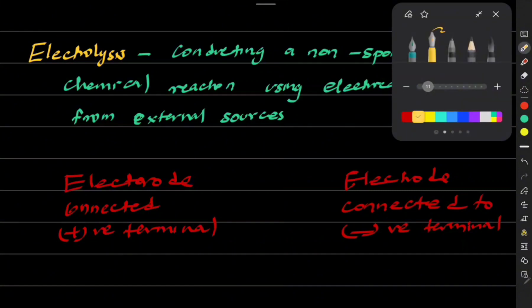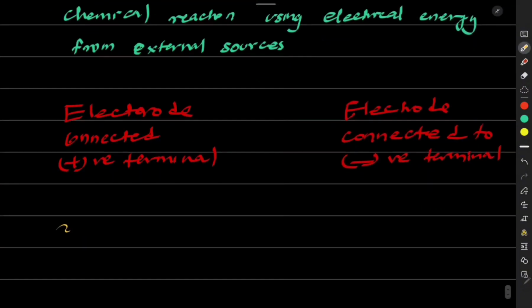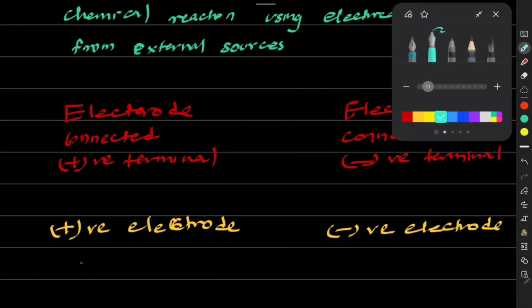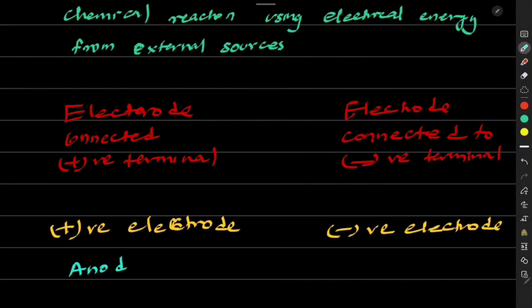If it's connected to the positive terminal, it will be the positive electrode. And if it's connected to the negative terminal, it will be the negative electrode. And the positive electrode is known as the anode, and the negative electrode is known as the cathode.